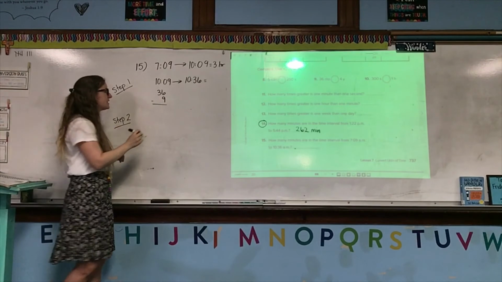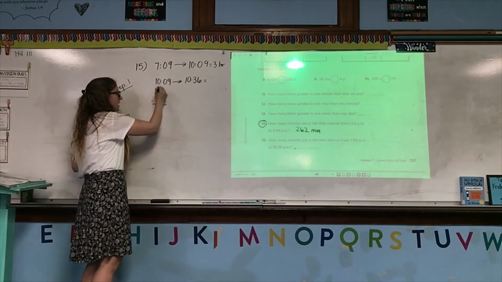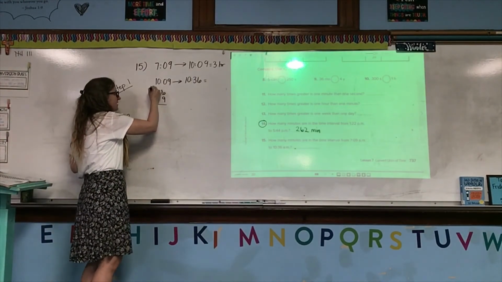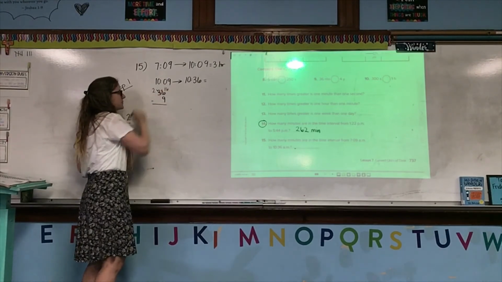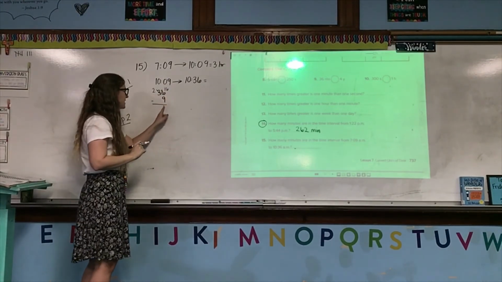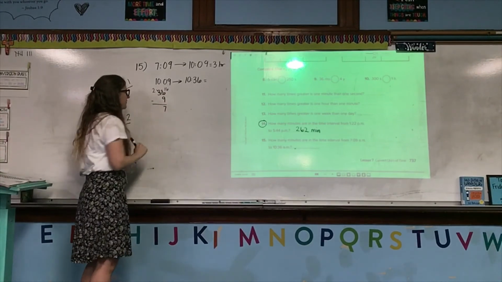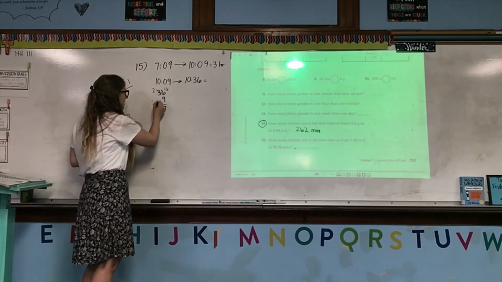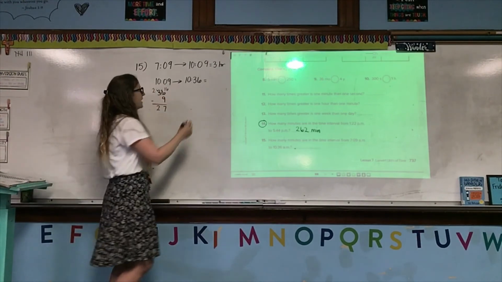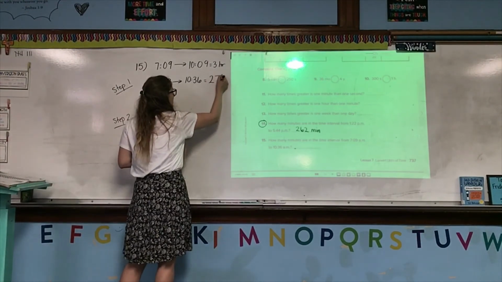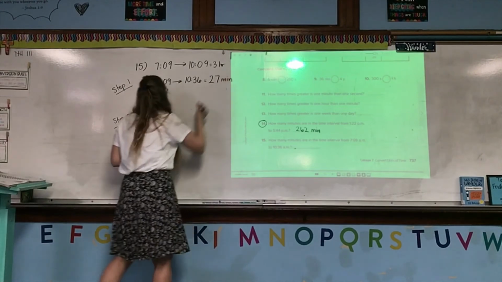Okay, I can't do 6 minus 9, so I need to take 1 away from the tens. That becomes a 2. Give it to the ones. That becomes 16. 16 minus 9 is 7. 2 minus nothing is 2. So that means from 10:09 to 10:36 is 27 minutes.